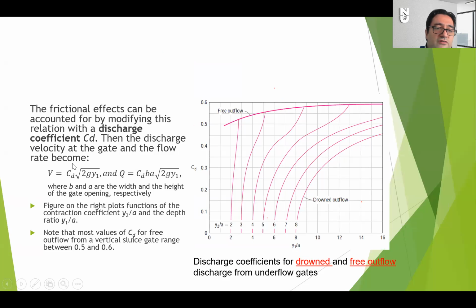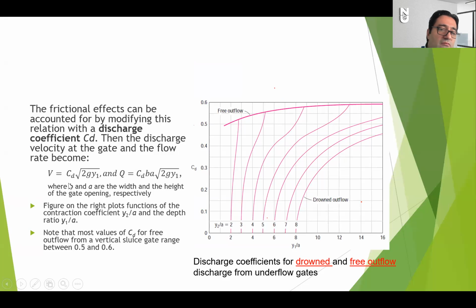This is the coefficient for sluice gates. The velocity is not going to be equal just directly to that part. You have to multiply it with a coefficient. It is called the discharge coefficient for sluice gates.